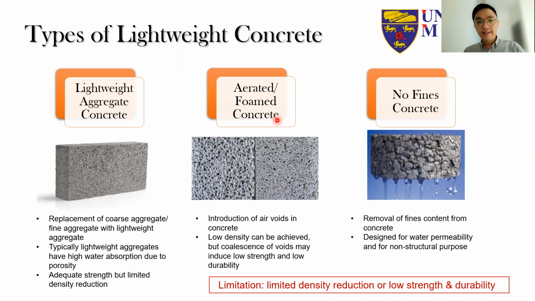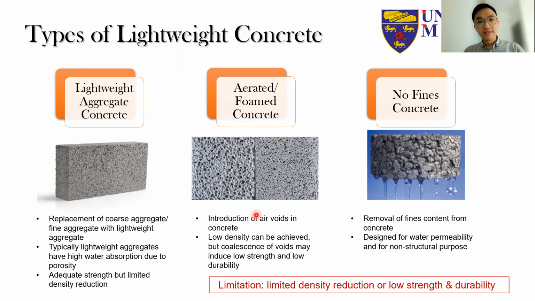On the other hand, the second type of lightweight concrete is the aerated or foam concrete. With this kind of lightweight concrete, we usually can get a very low density, right? This kind of aerated or foam concrete is made by introducing air voids or air bubbles into the concrete.